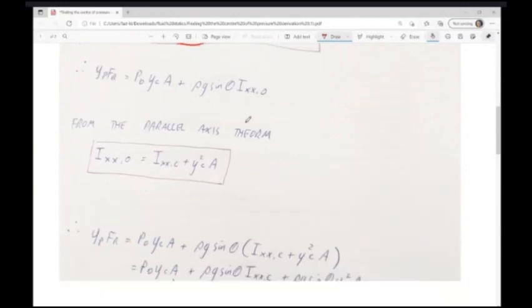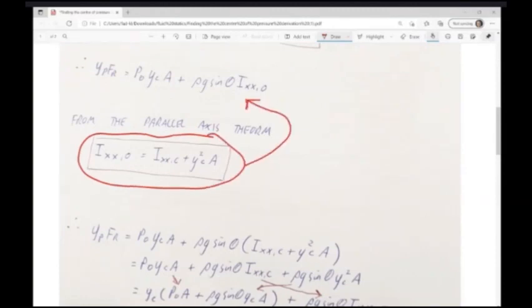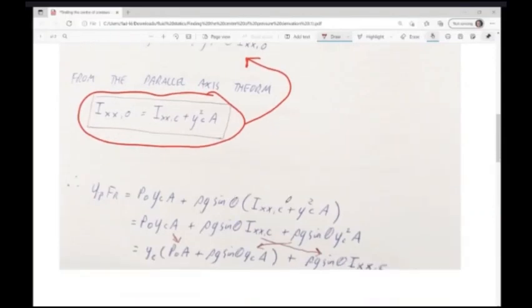Now, we also know from the parallel axis theorem, if we want to know the second moment of area of an object around the origin, we take the second moment of area of an object around its centroid and then just add y squared A, the distance from that origin squared times the area. So we can now put this equation into there, and that's what we're doing here.